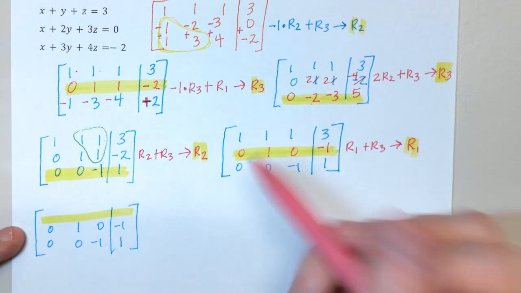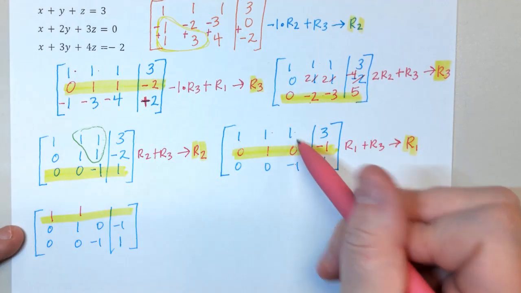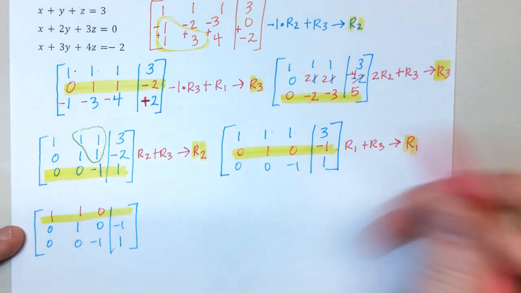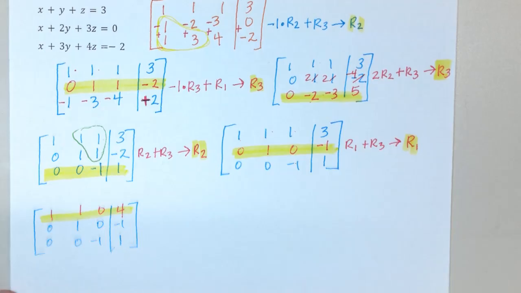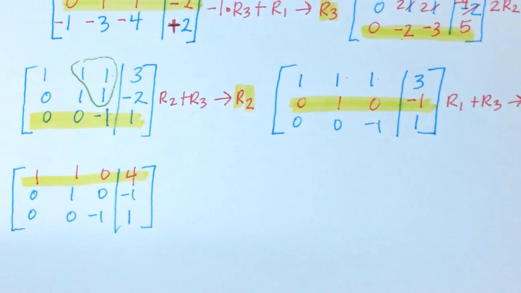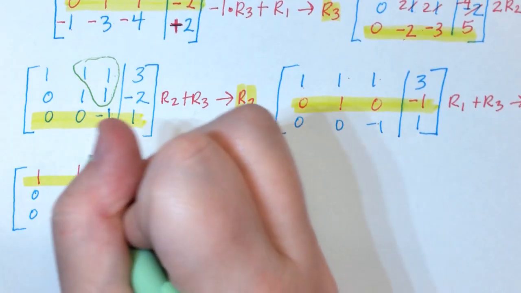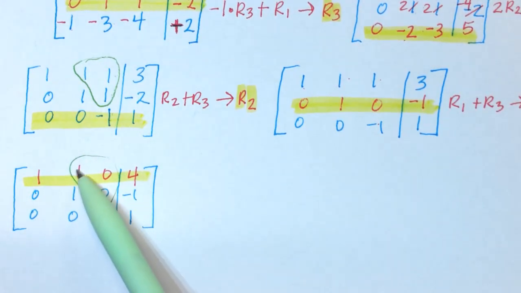So we have 1 plus 0 is 1, 1 plus 0 is 1, 1 plus negative 1 is 0, and 3 plus 1 is 4. So I've got in that matrix 2 of the 3 zeros we need up here in the corner. So I just need to get rid of this last value. How can I get rid of that 1?